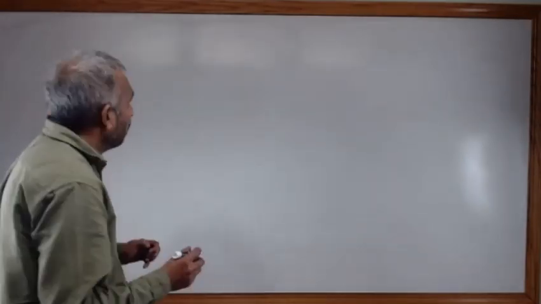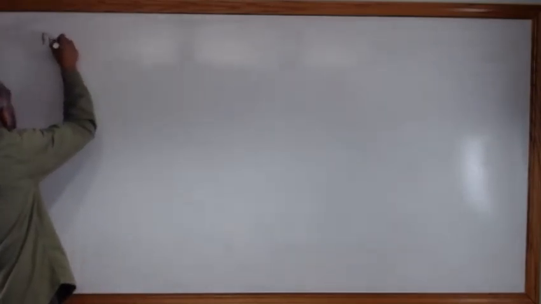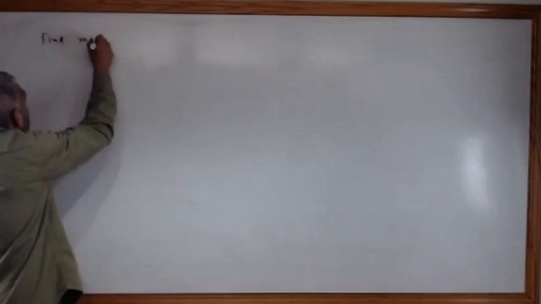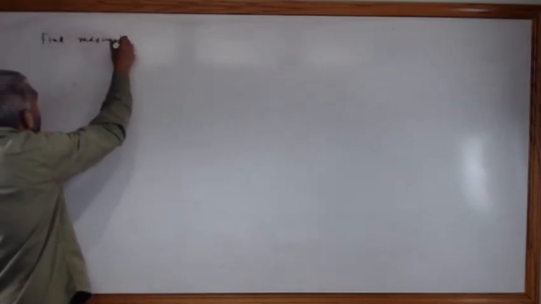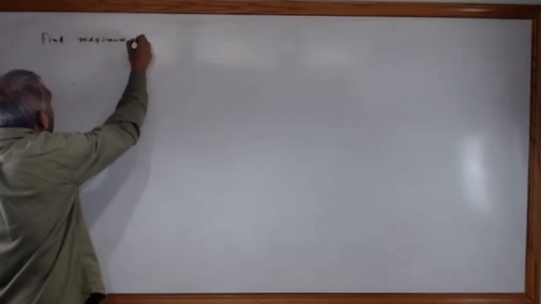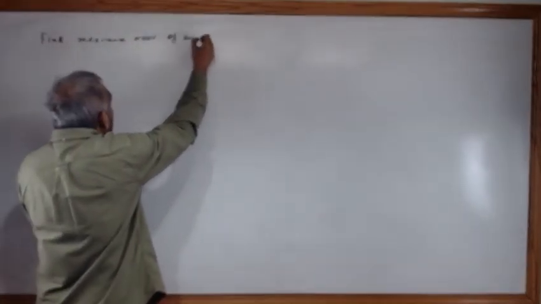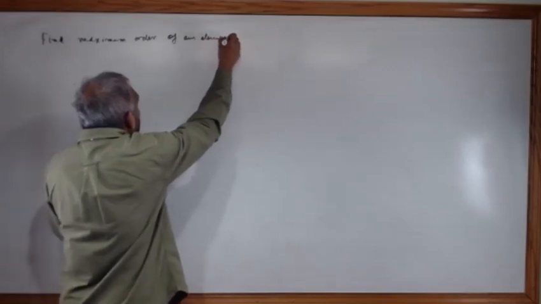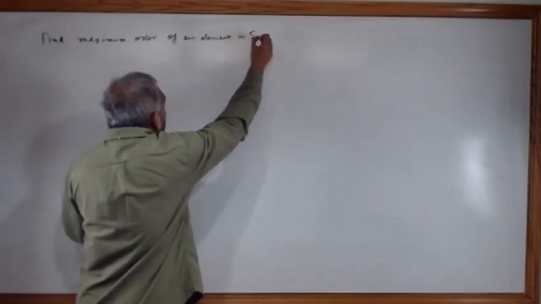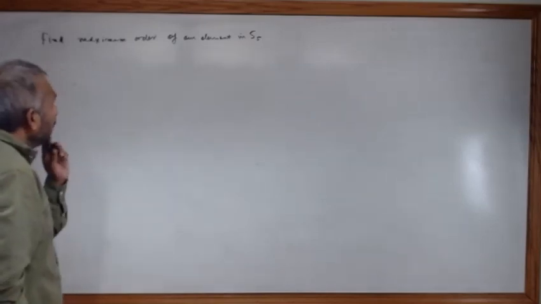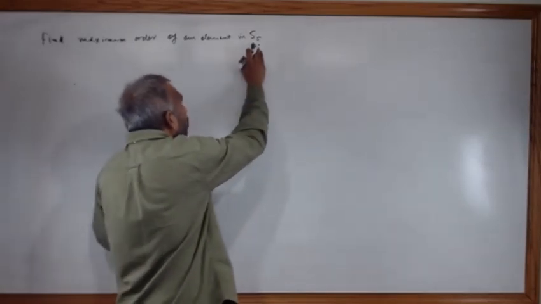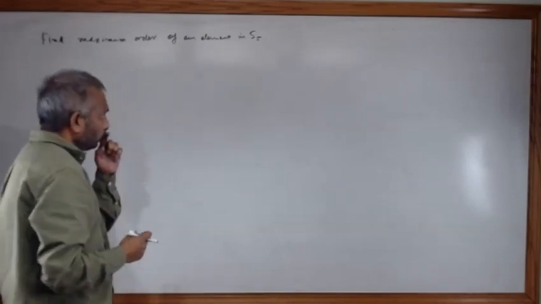Now let us do a problem. Find the maximum order of an element in S5. S5 is the symmetric group on 5 elements. So the elements in here are permutations.